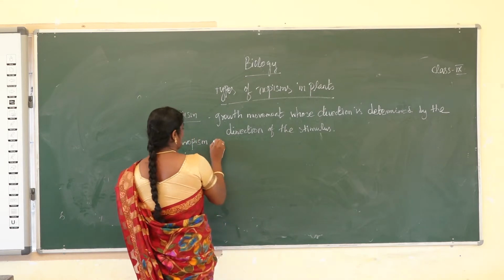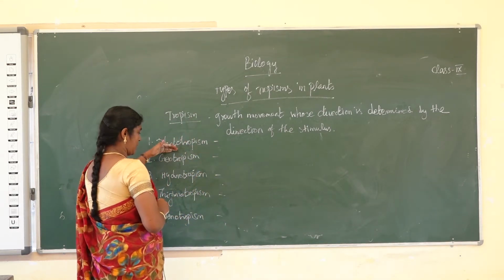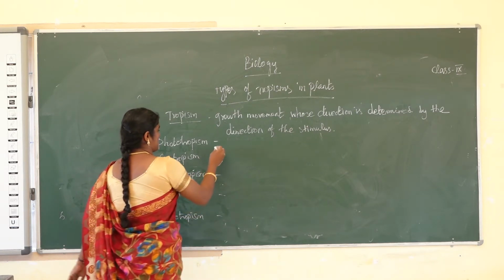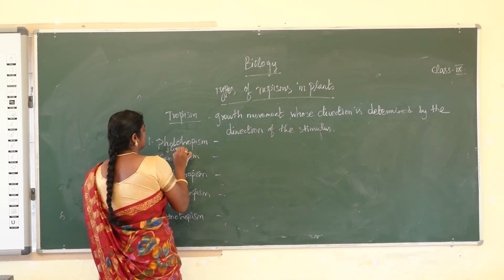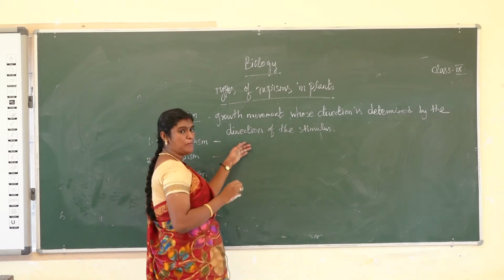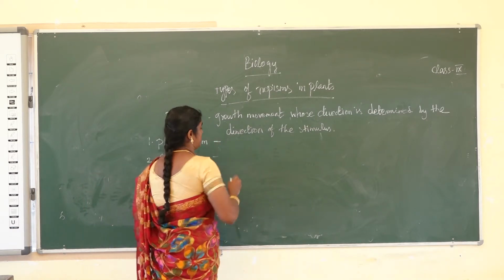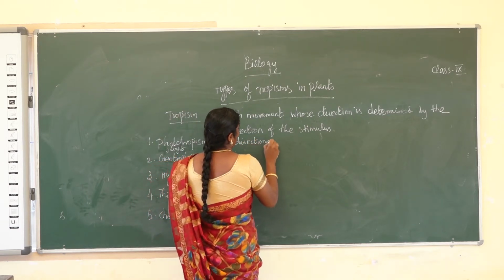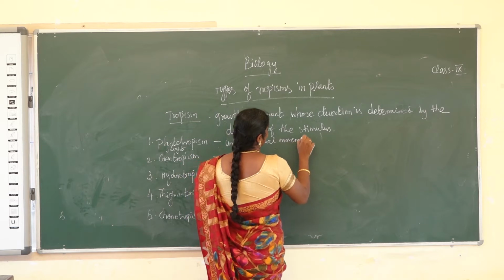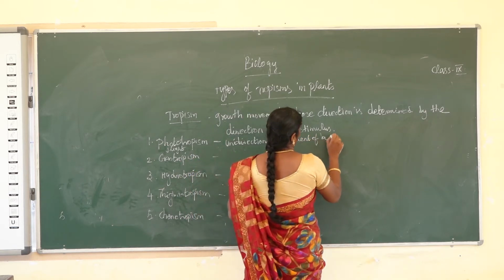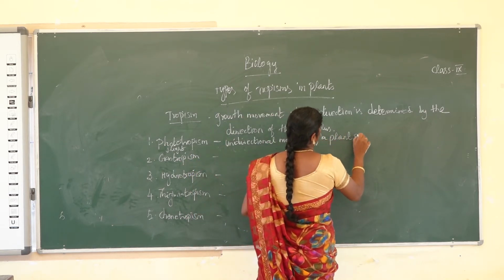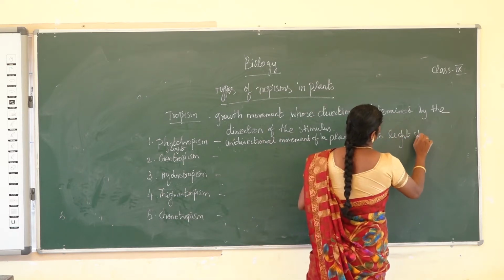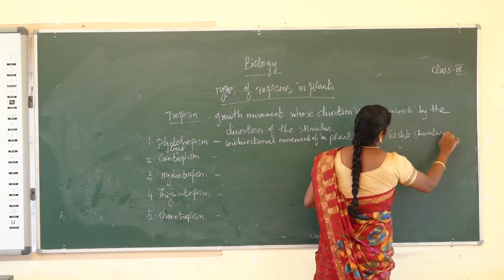What are the five types of tropism? Phototropism, geotropism, hydrotropism, thigmotropism, chemotropism. What is phototropism? Photo means light. The unidirectional movement of a plant part to light stimulus is called phototropism.